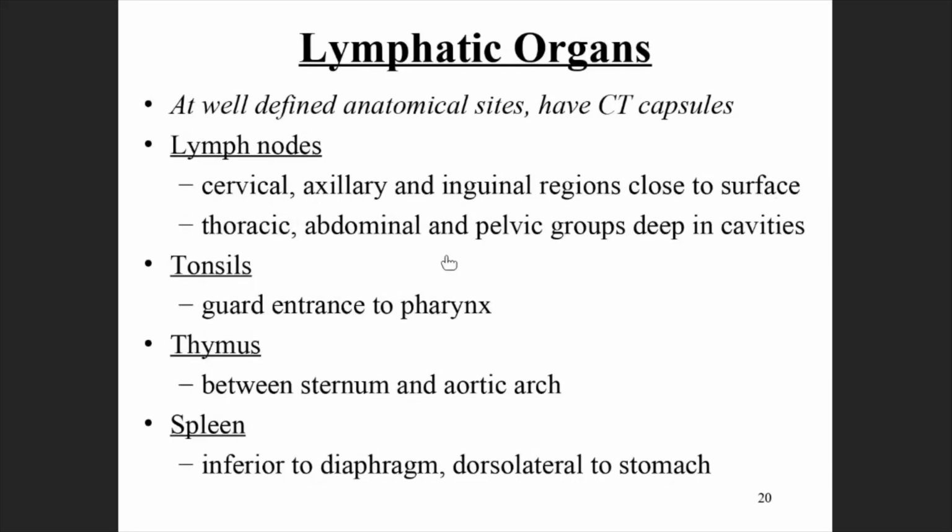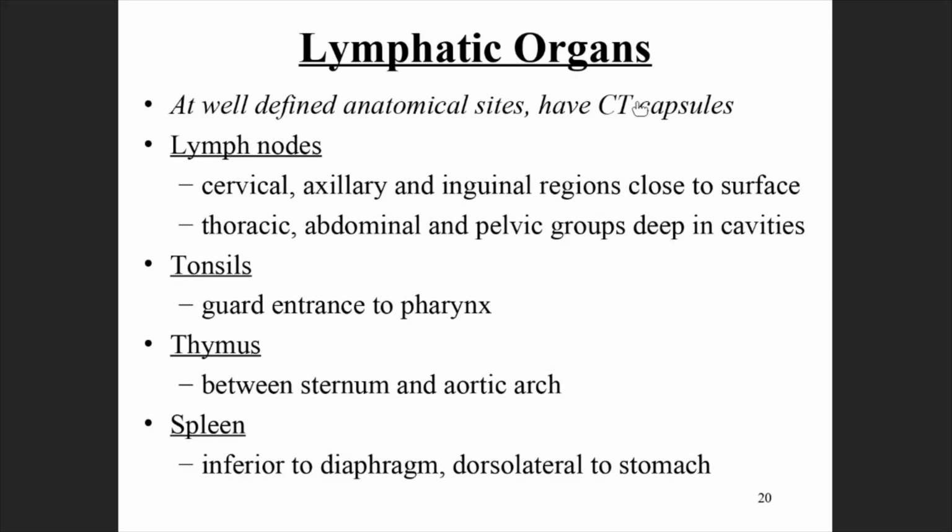Okay, now there are different kinds of lymphatic tissue and lymphatic organ, okay? So next time, I'm going to start with this slide, which tells you the difference between lymphatic tissue and lymphatic organ.